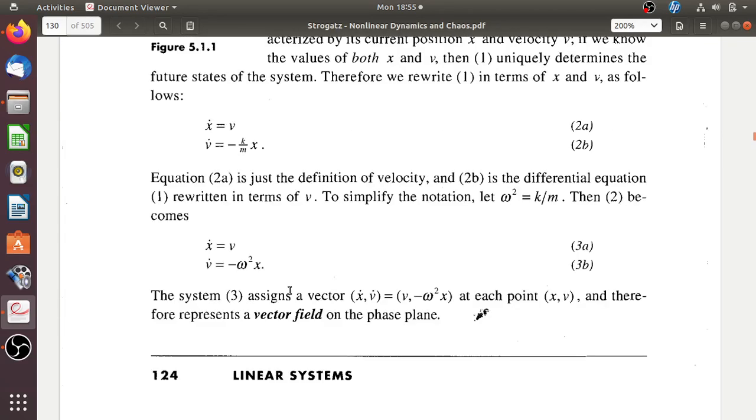Now I have this one. Should I solve it in order to understand how the system is behaving? Well, it's a linear system and it is easy to solve.